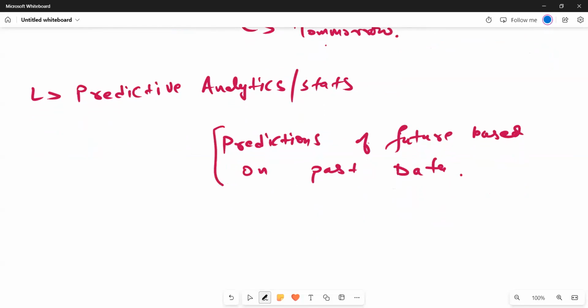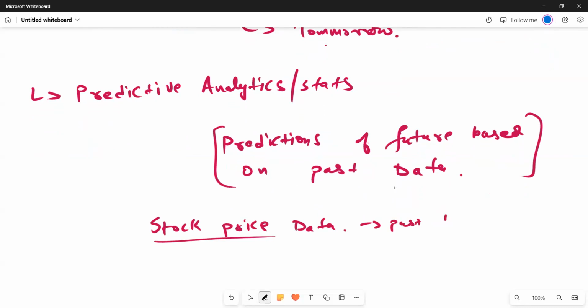Let's take a very simple example, right? So for example, let's say I give you the stock price data for the past 10 years, right? And it will be available until today, or maybe until yesterday, right?